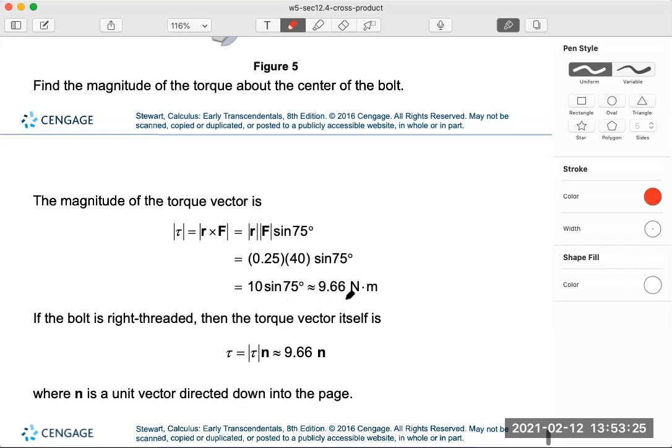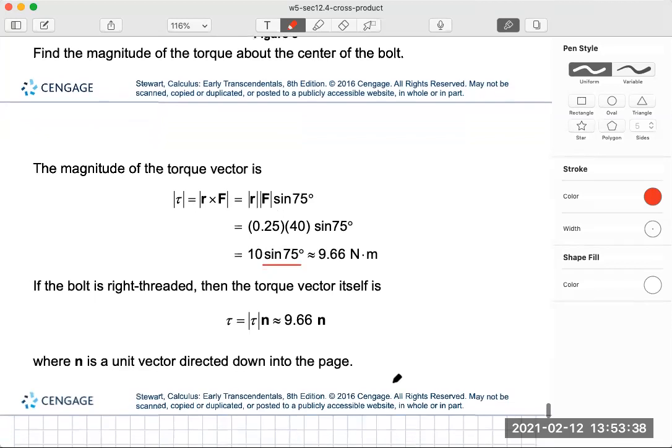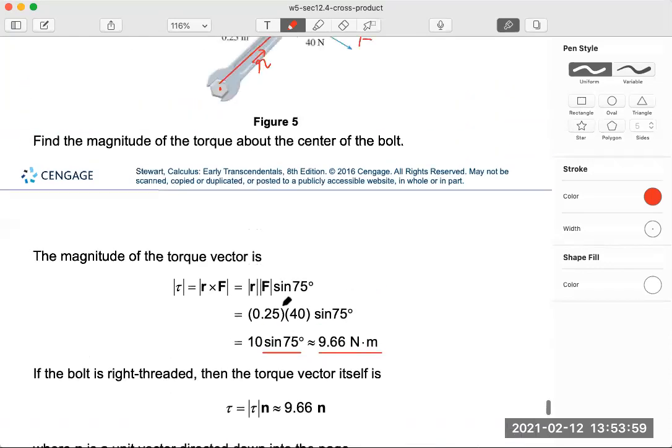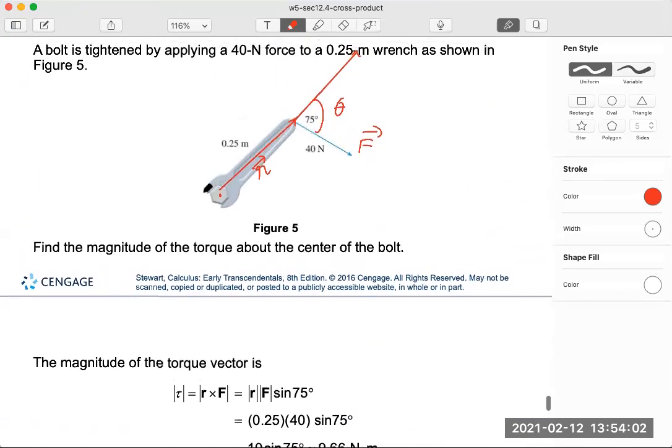So then we can find it. Remember this one is 75 degrees. Okay. Then we can find the magnitude of the torque vector like this. And here, the torque vector will be the magnitude of that times the unit vector in that direction, right? That direction in this case is the vector pointing through the wall, right?